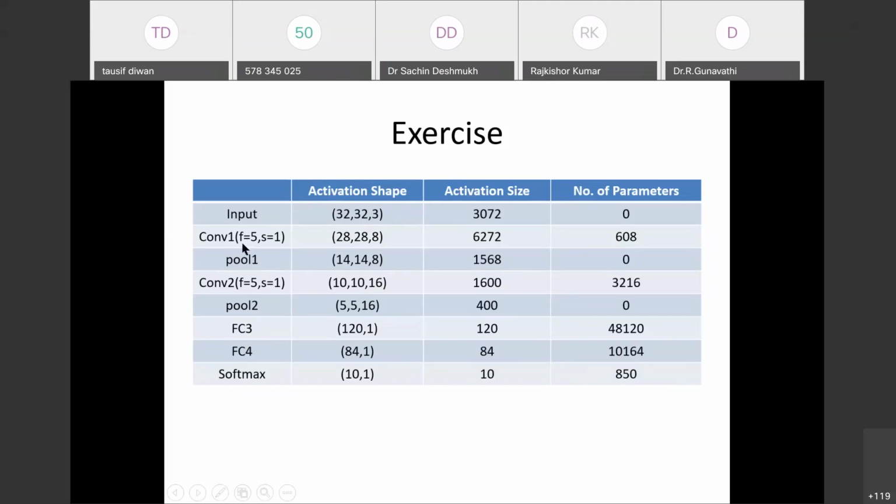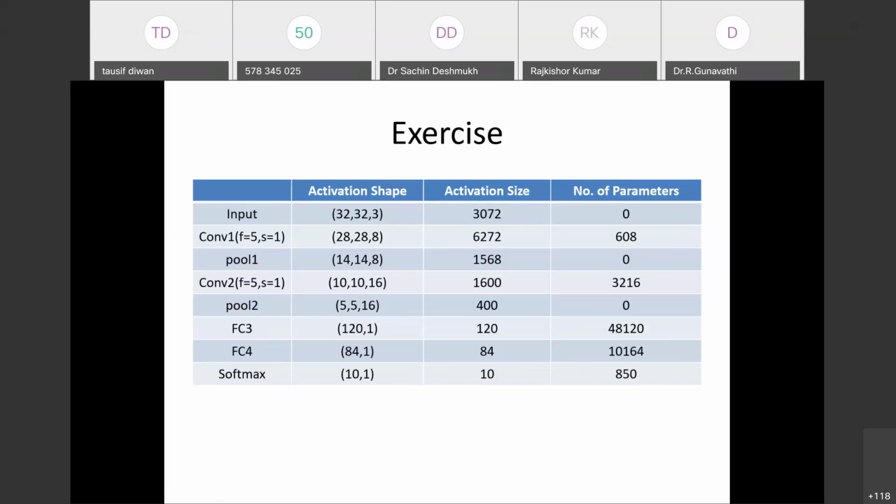It means that when we are applying this filter, the depth of this filter will also be 3. So the first 25 weights, 5 cross 5, will be for the first channel, the second 25 weights for the second channel, and the third 25 weights for the third channel. Now you tell me, in total how many parameters are associated with one filter?